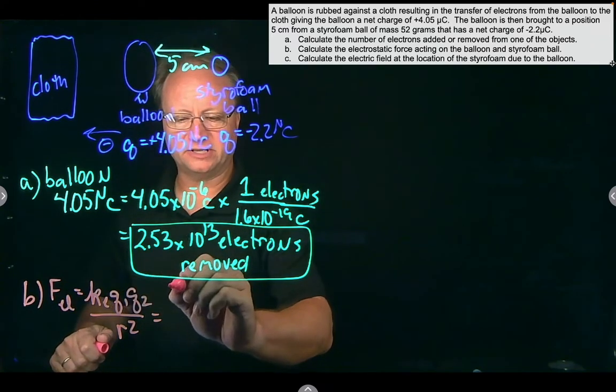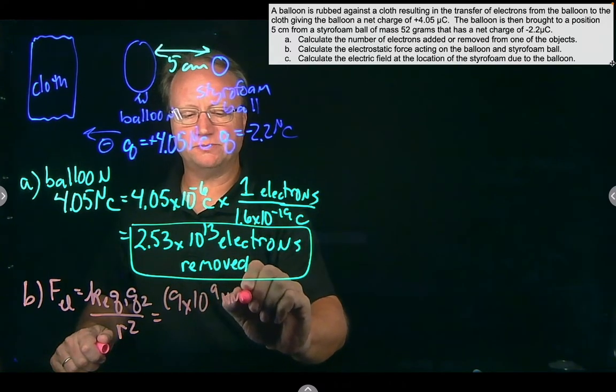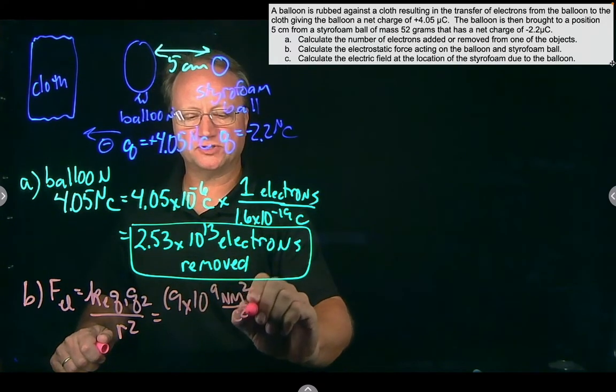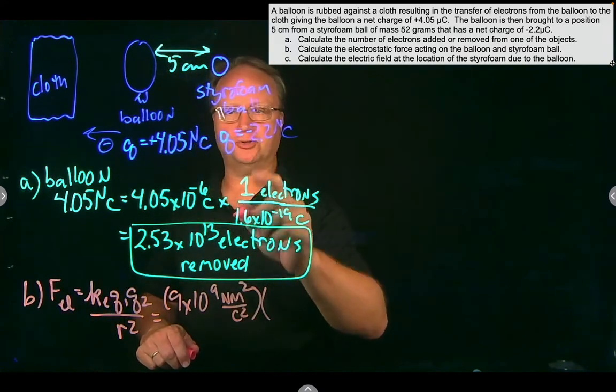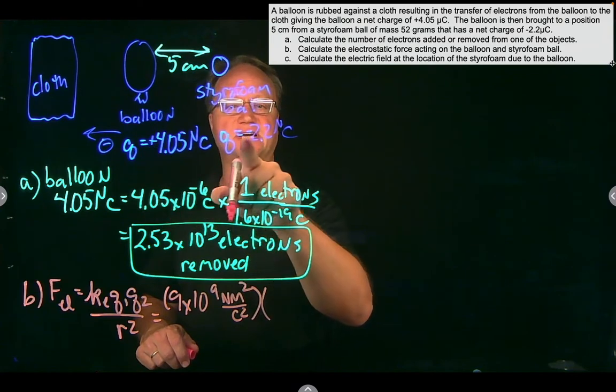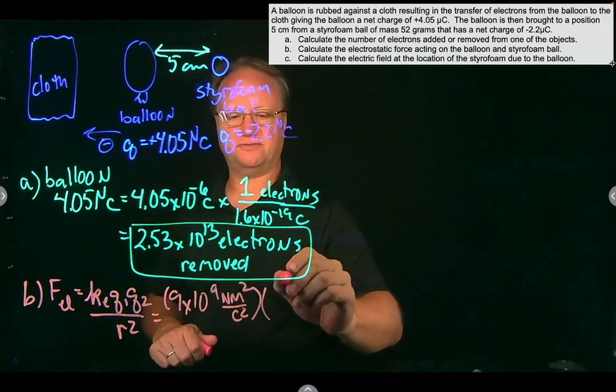K, that's your constant, 9 times 10 to the 9th newton meter squared per coulomb squared. Multiplied then by each of the individual Q's. I'm not going to plug the sign in. I'm going to use the signs to be able to determine the direction of the force.